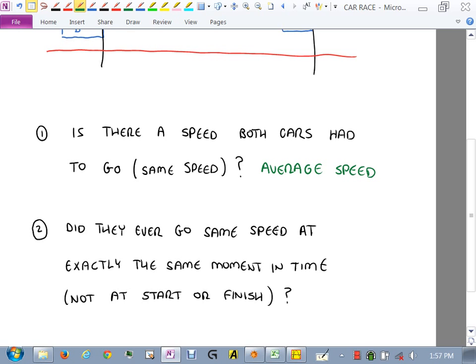And then we'll vote. Okay? How many of you think that, yes, they did go the same speed at the same moment in time? Raise your hands. We're not going to hold this against you. Raise them higher. Yes. Okay. So how many of you think, no, it's not guaranteed? That's good. It's about 50-50. So those of you who think it is, explain, if you have a good rationale for it.